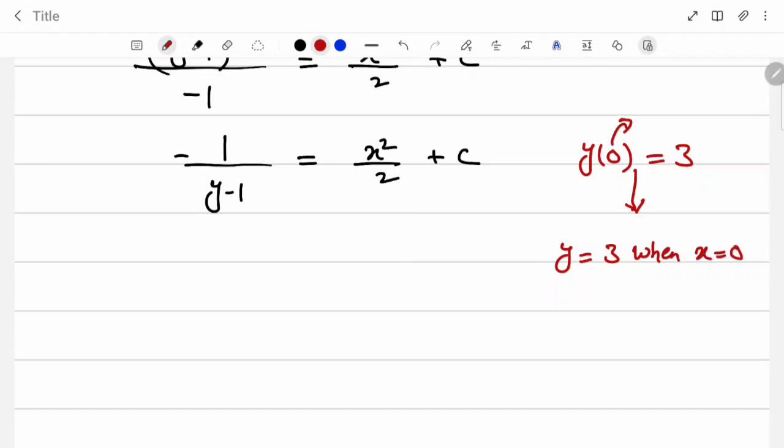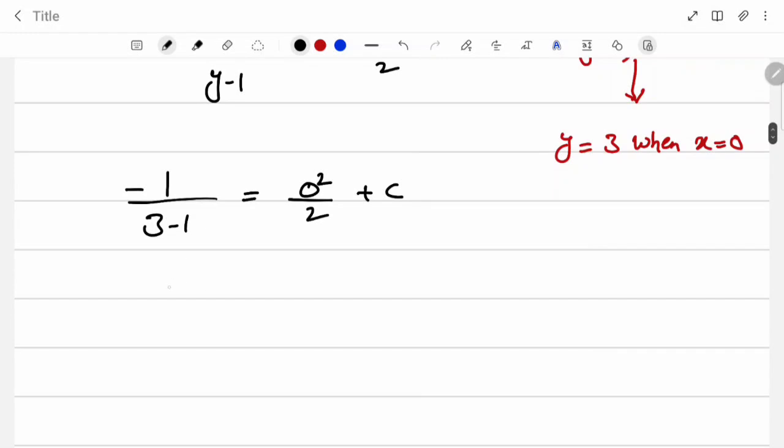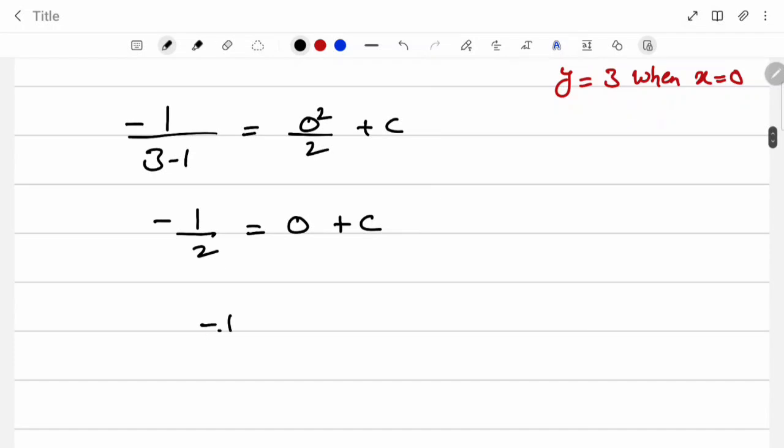Remember, this is the input value of x. So we just need to plug in there: minus 1 over (3 minus 1) equals 0 squared by 2 plus c. So there we have minus 1 by 2 equals 0 plus c. So minus 1 by 2 equals c. So now we have the value of c.